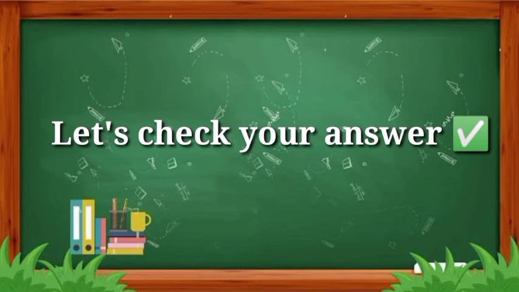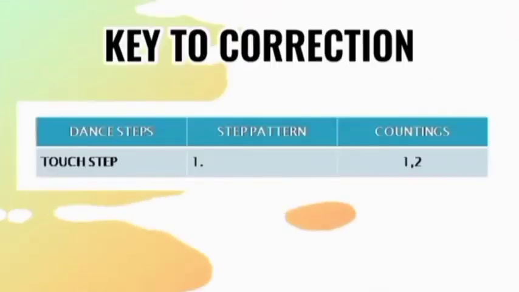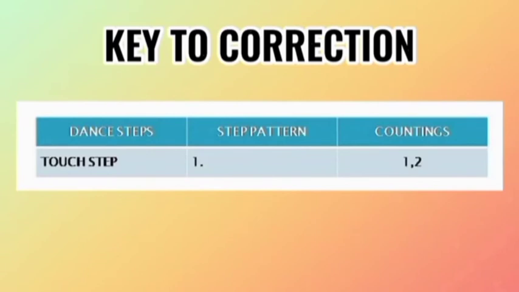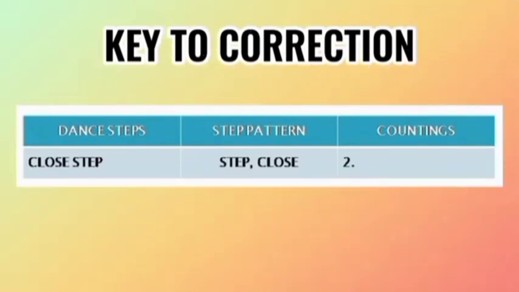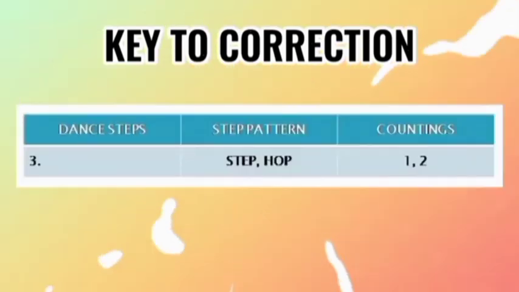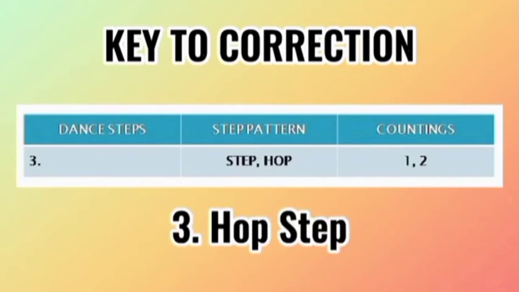Let's check your answer. For item number 1, the correct answer is step close. For item number 2, the correct answer is 1, 2. For item number 3, the correct answer is hop step.